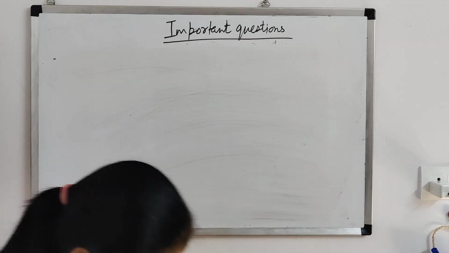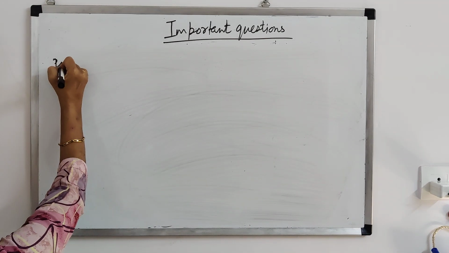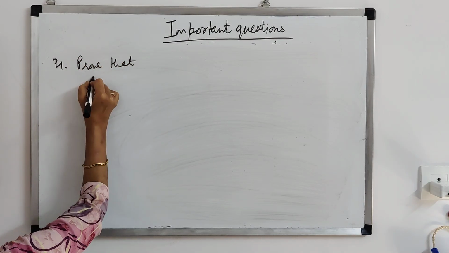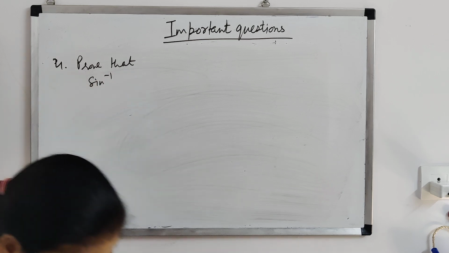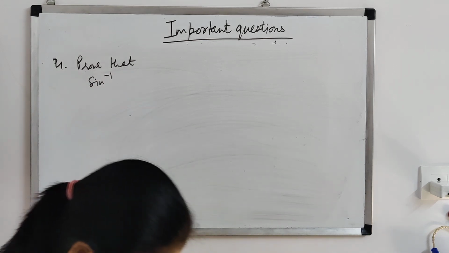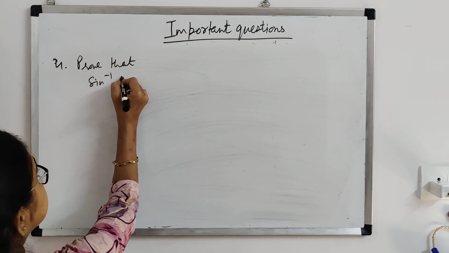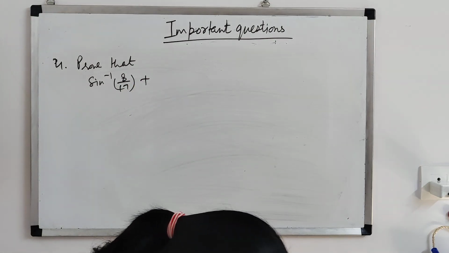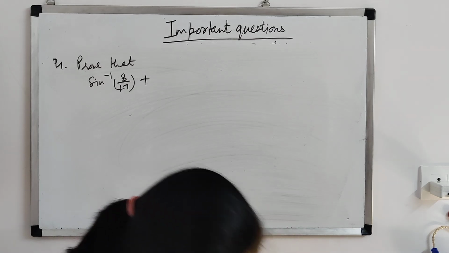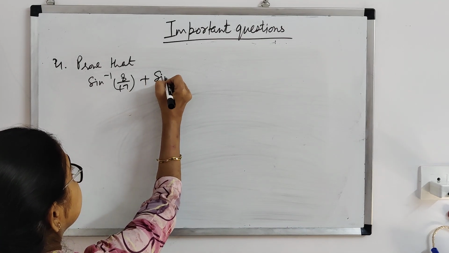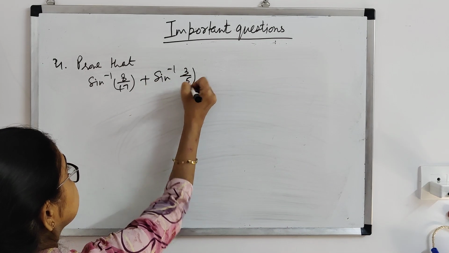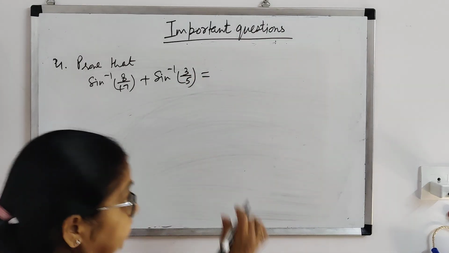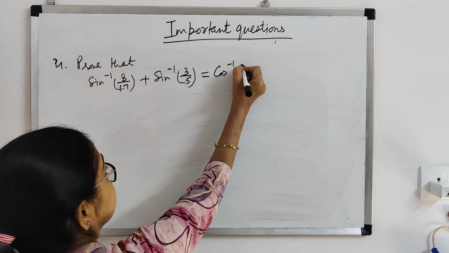prove that sine inverse 8/17 plus sine inverse 3/5 is equal to cos inverse 36/85.